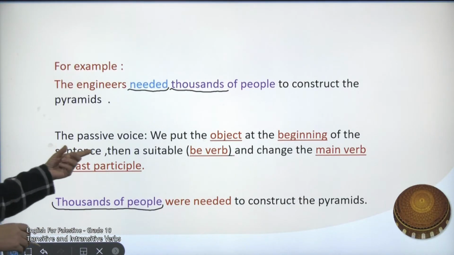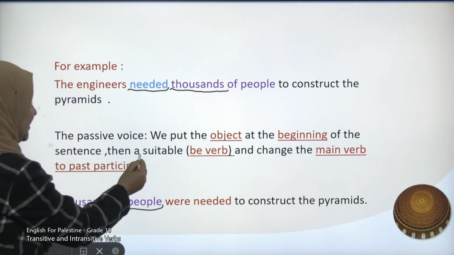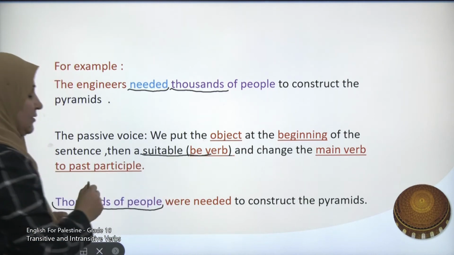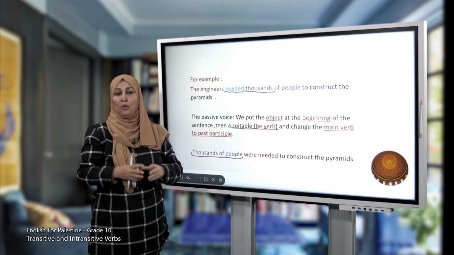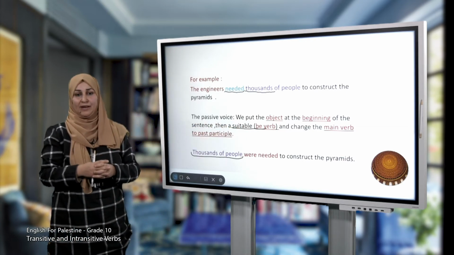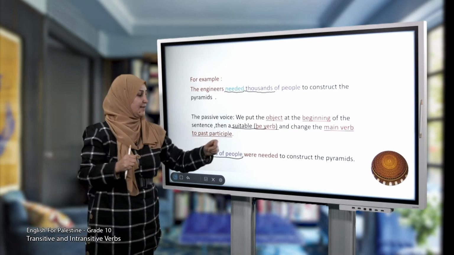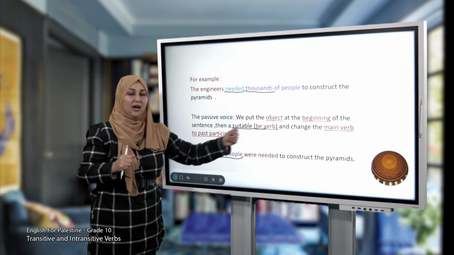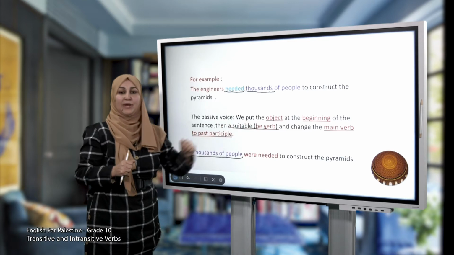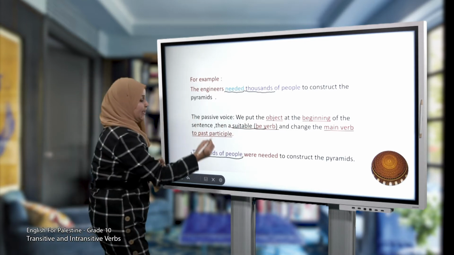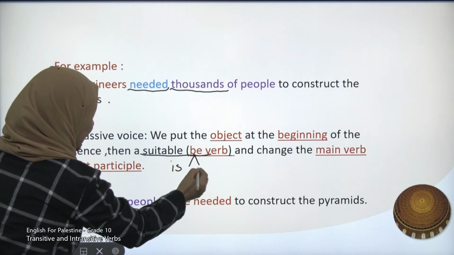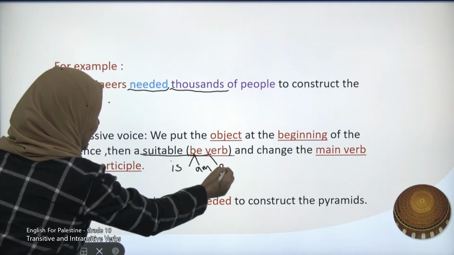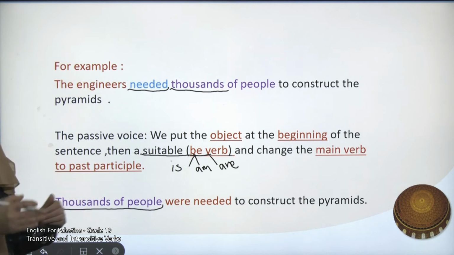Then we have to bring a suitable be verb. What are they? They are is, am, are, was, and were. So the be verbs is, am, and are are present.